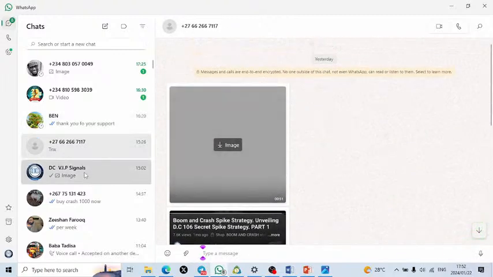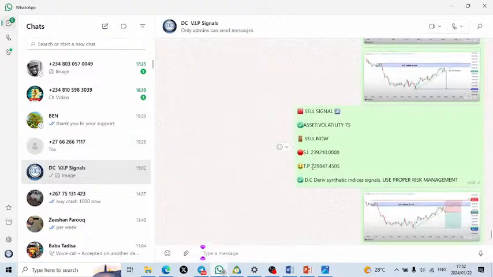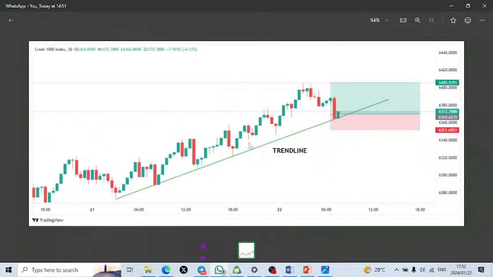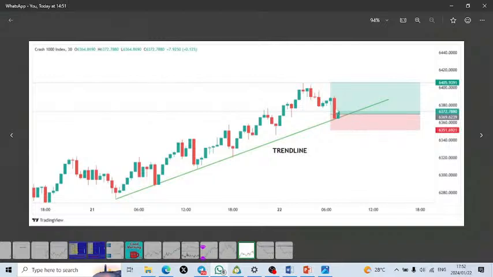This is the setup that we were using, and this is a signal that I shared here. Currently our target is for price to hit this level, but we know price is likely going to move even further.